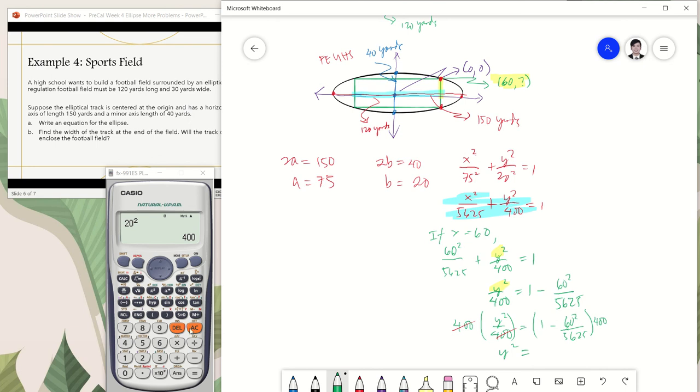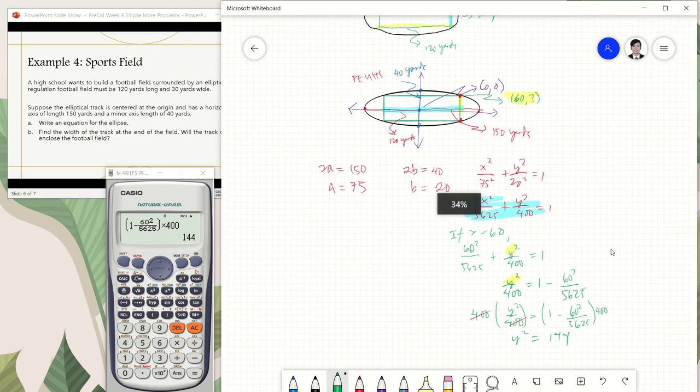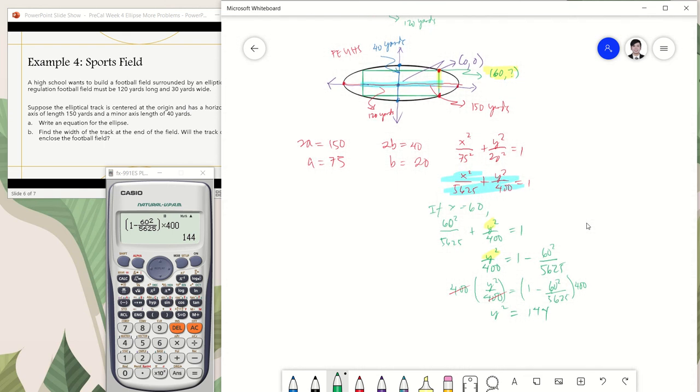Then dito, gamit lang kayo ng calcu. So, quantity 1 minus 60 squared over 5,625 close parenthesis times 400. So, 144. And then, pagkatapos niyan, to find what is y, you still have to get the square root of both sides.